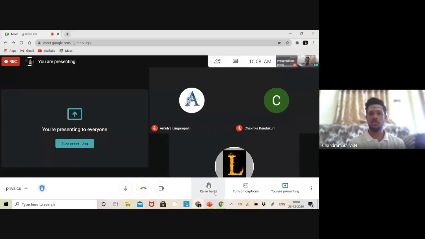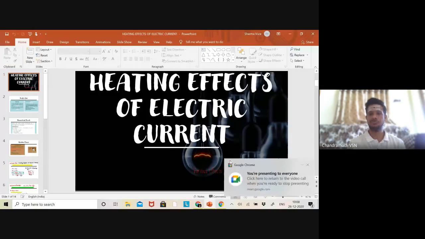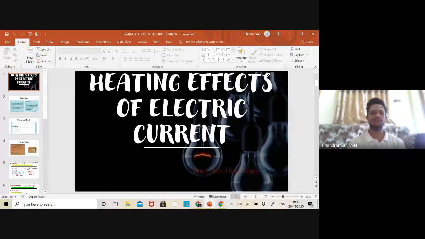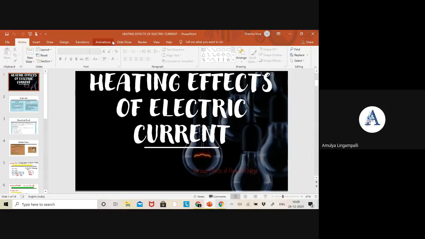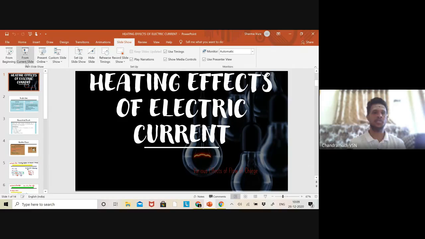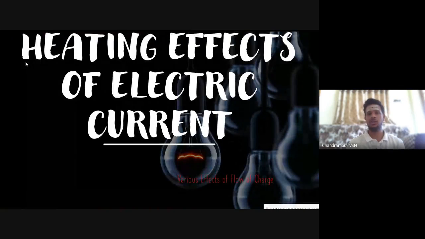Now, today's concept: what is today's concept? Heating effect of electric current. Super. Whenever charge is flowing, what happens? You see below, I have arranged a bulb.